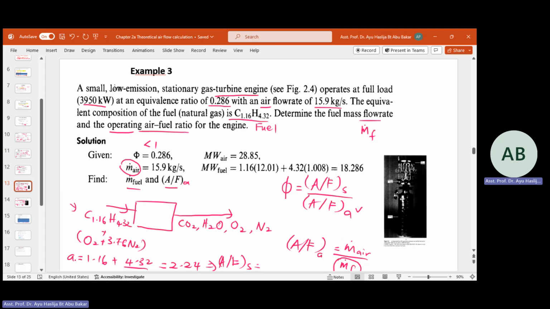A ni adalah A stoic, AS. Ini A stoic. Sebab tadi kita nak cari AF stoic untuk kita nak dapatkan AF actual. So once kita dah dapat A stoic, kita boleh calculate AF stoic. Okay.